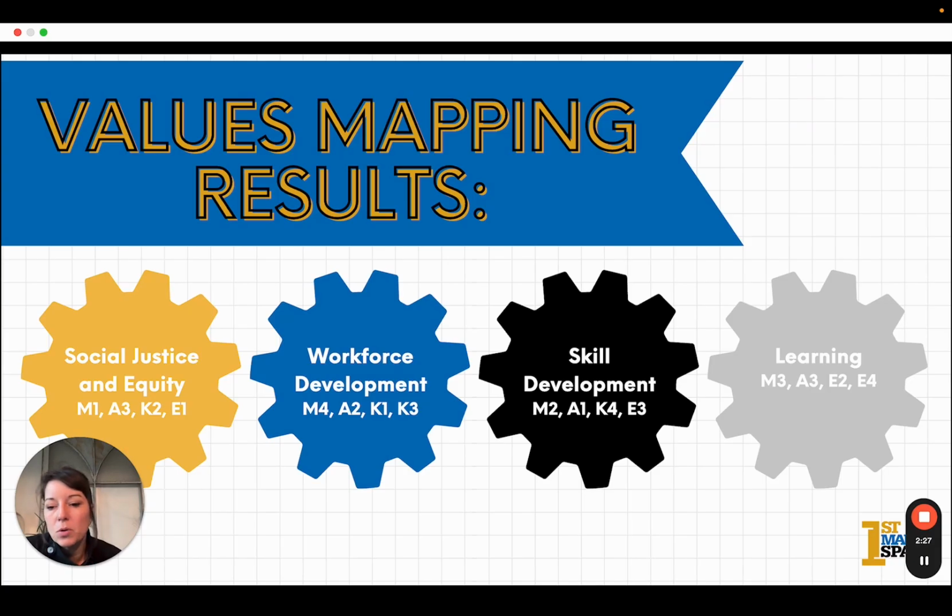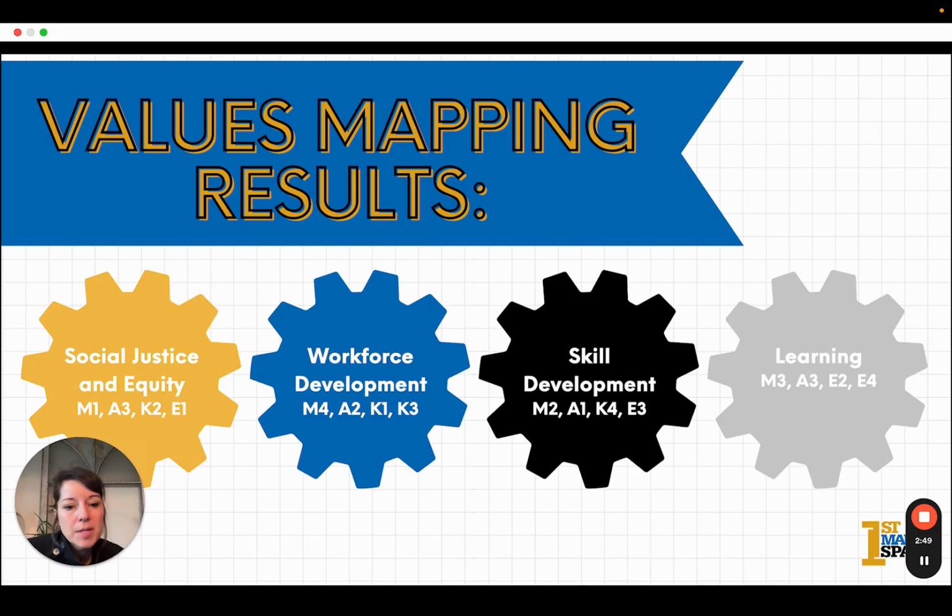So for example, if A2 or A1 was my label, then I'm drawn towards workforce development, or I'm drawn towards skill development. This is going to help you narrow down. And it would be really interesting if the majority of your labels, the statements that you found valuable, fit within one particular area of the 4.